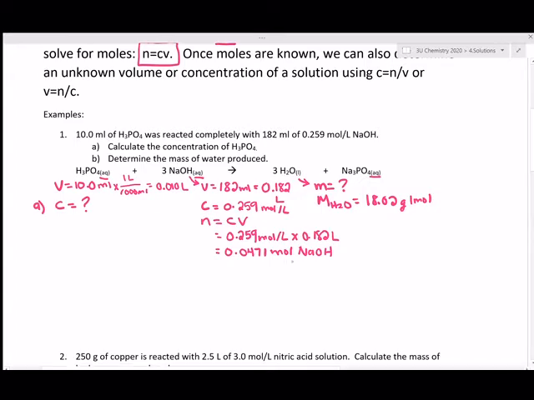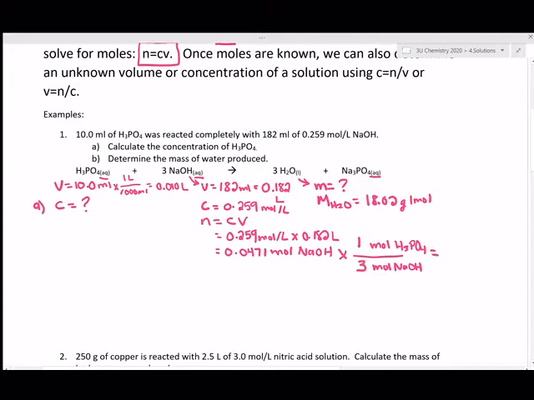And if we have moles of this base, the sodium hydroxide, we can now use our mole ratio. So I'm going to put moles of sodium hydroxide on the bottom and moles of acid on the top, because that's what I want. And I want to get rid of the sodium hydroxide. So then I look up to my balanced equation and I see that it is a 1:3 mole ratio.